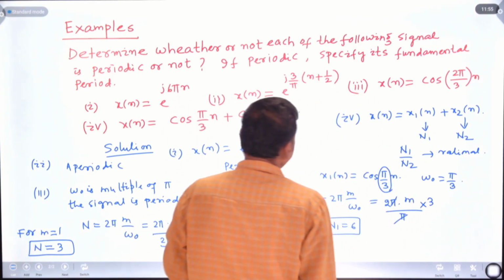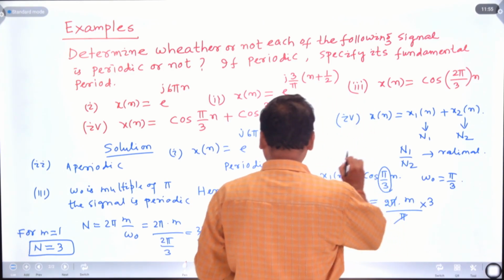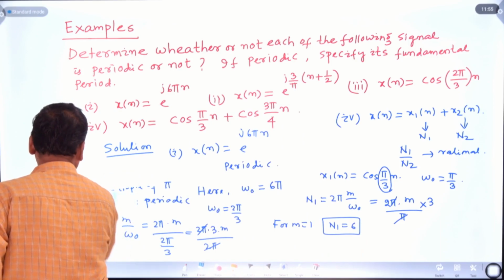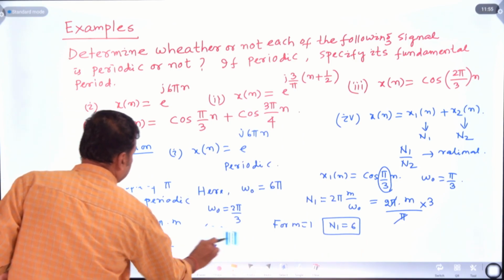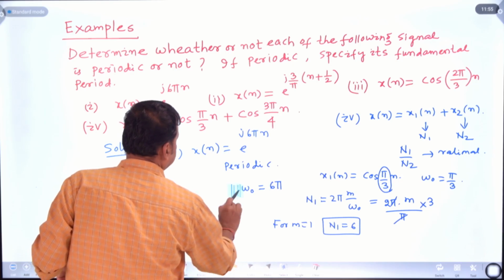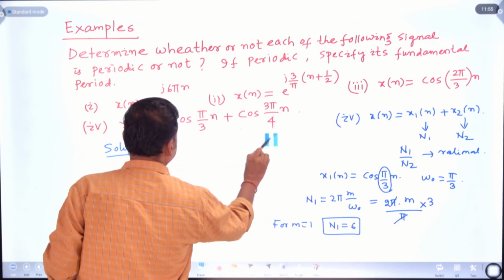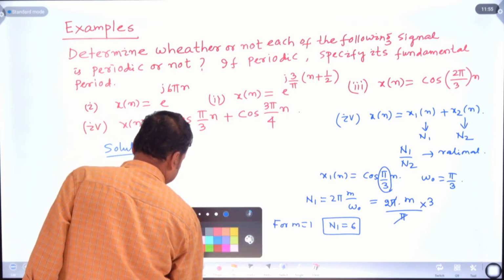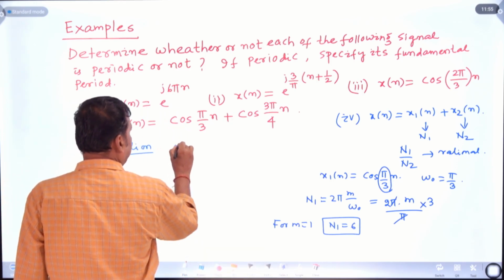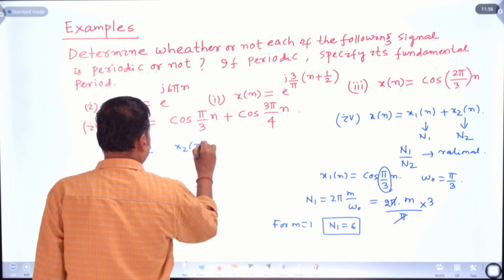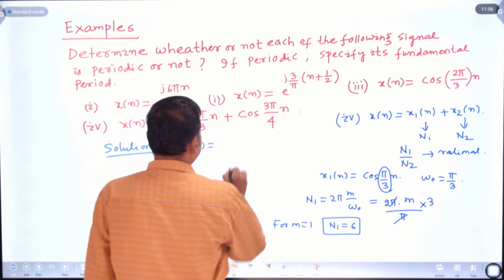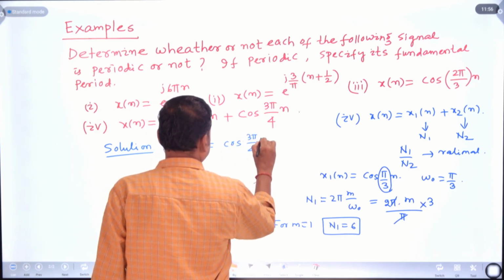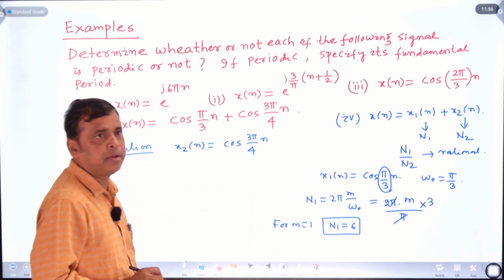In case of the second periodic signal, x2 of n, what is the omega 0 value here? The second signal x2 of n equal to cos 3 pi by 4n.